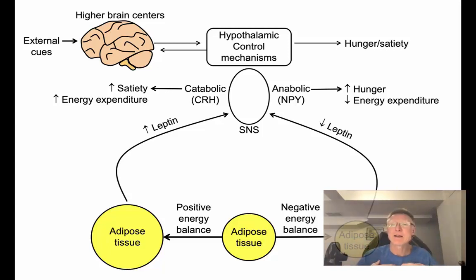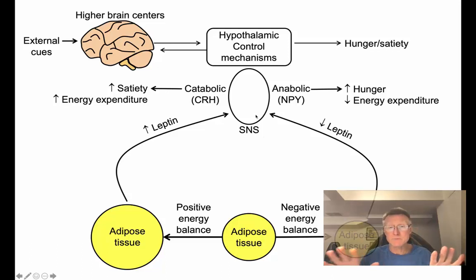But at the same time, it tells your lean body mass to actually reduce energy expenditure. So again, it goes to your heart, liver, muscle, kidneys. All these organs that make up lean body mass tend to reduce their energy expenditure, and this is because of the activation of an anabolic center in the hypothalamus, which suppresses the activity of the sympathetic nervous system.